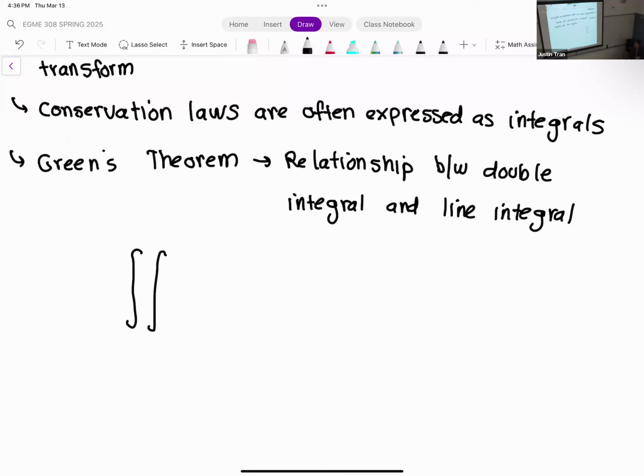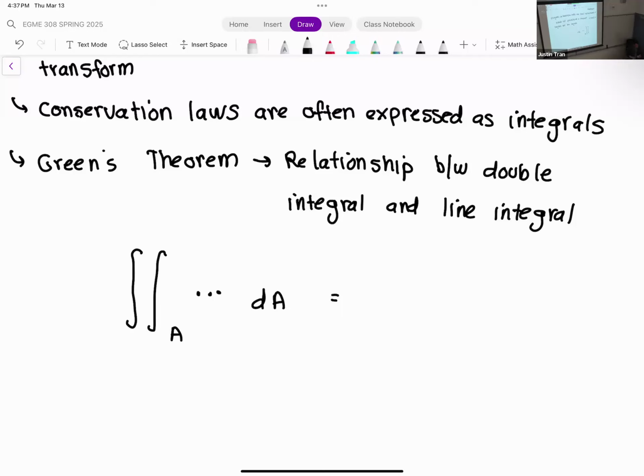I'm going to leave it arbitrary for now as we develop the theory, but eventually you have a double integral across some area A, with something going in the integrand.